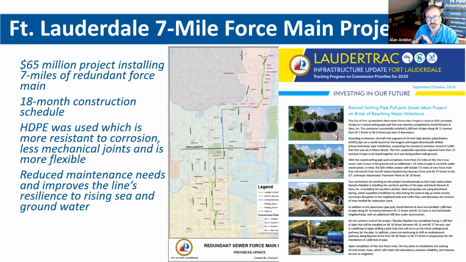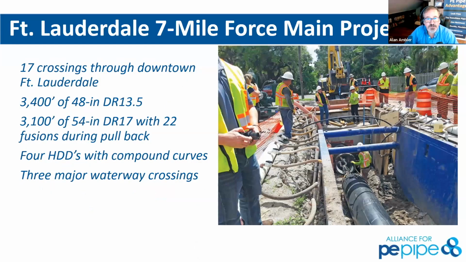They did temporary bypass in certain areas, definitely did compression fit slip lining, and multiple crossings. I say multiple, and I'm not kidding: 17 crossings through downtown Fort Lauderdale, which now has that above ground issue, the MOT issue that we talked about, the third party utility issue that we talked about, and change in soil structure as we go through.